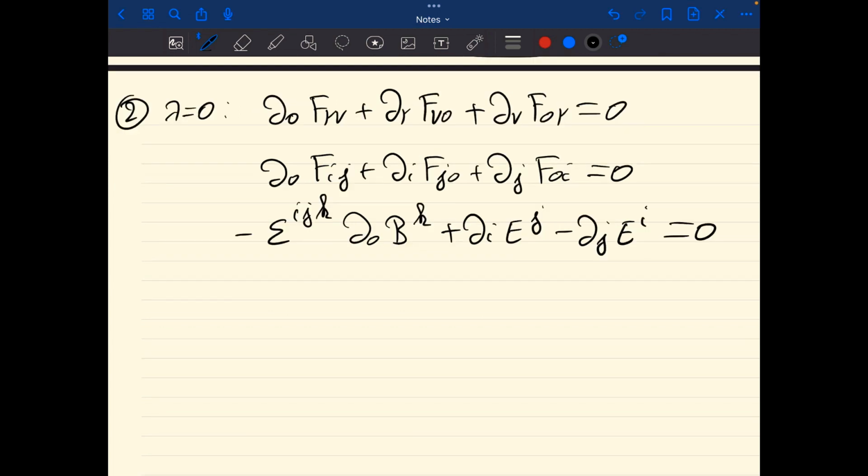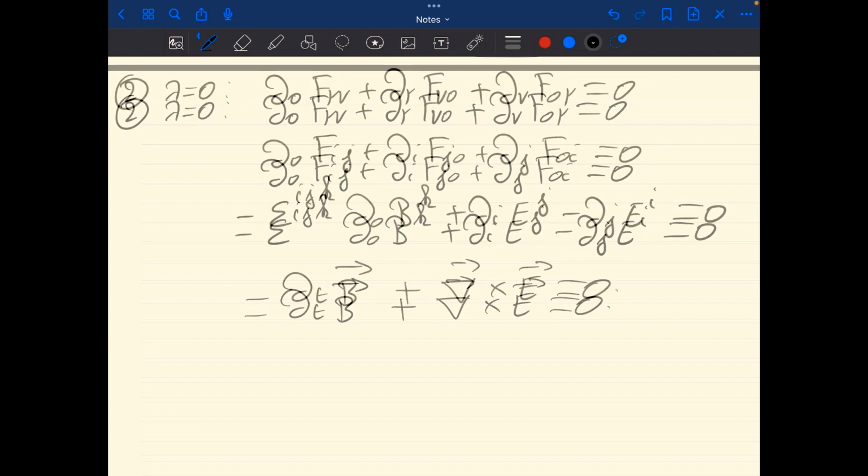What you can recognize here intuitively is just the spatial derivative of the magnetic field, and you see here it's the cross product of E with the Nabla vector. So this actually takes the form of the time derivative of B plus the curl of E equal to 0.